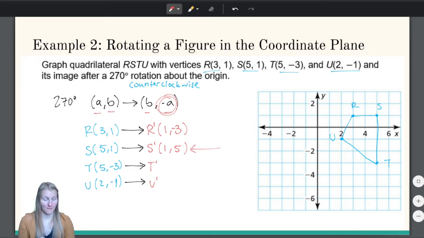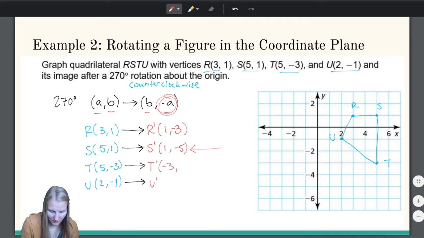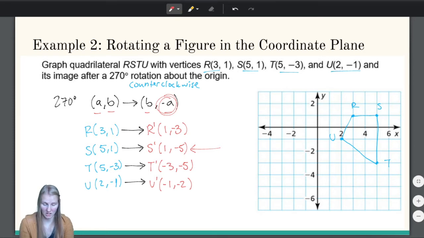Instead of (1, 5), I'm going to have (1, -5). So switch A and B and make the second one negative. So for T prime, we'll have (-3, 5), and make the second one negative. Make the 5 negative. For U prime, we'll have (-1, 2), and make the 2 negative, because it's the second number.